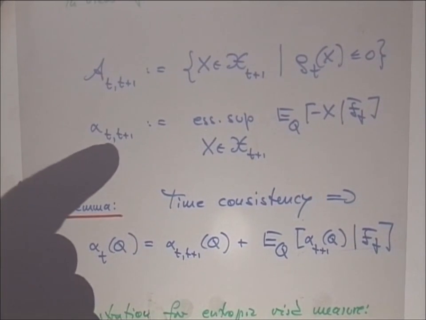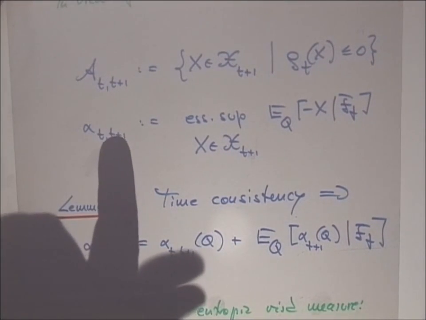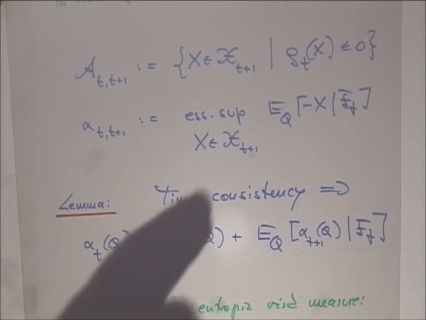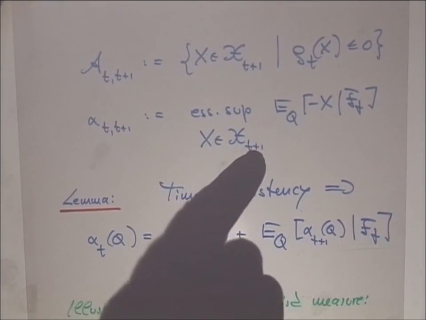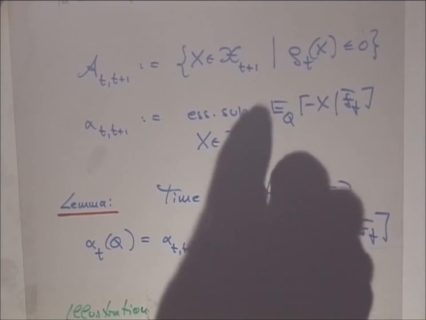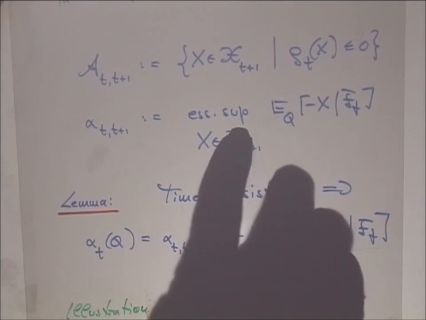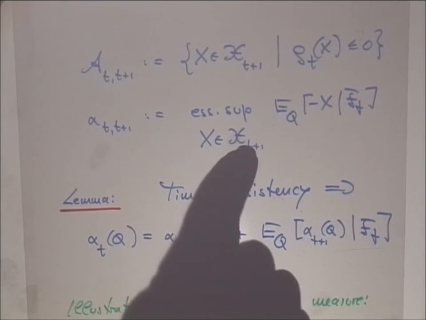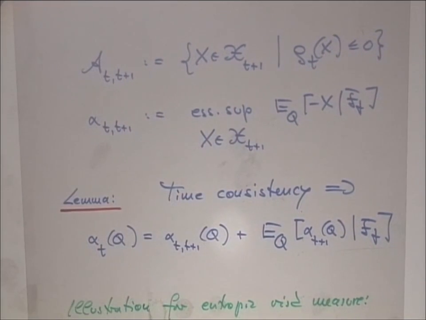And I define alpha_t one step ahead as the corresponding penalty function, if I take the sup not over all acceptable positions, but over this class. So here that's wrong. I should write this class here.